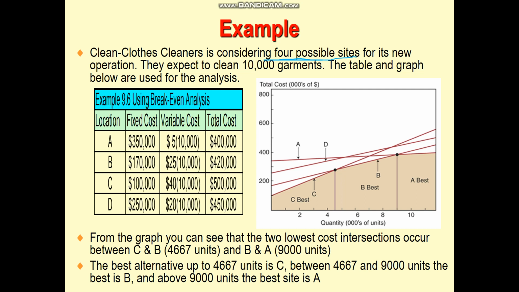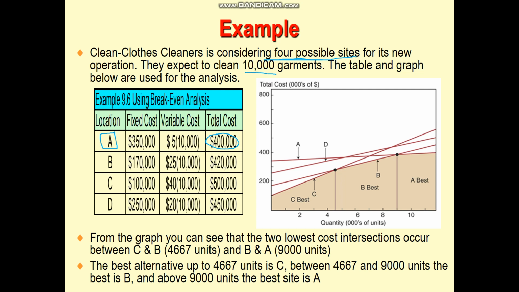So we have the fixed cost and variable cost of each location. Then based on fixed cost and variable cost we can calculate the total cost of location A, B, C, and D, so that we can see the location A has the lowest cost. Okay, that is 400,000.